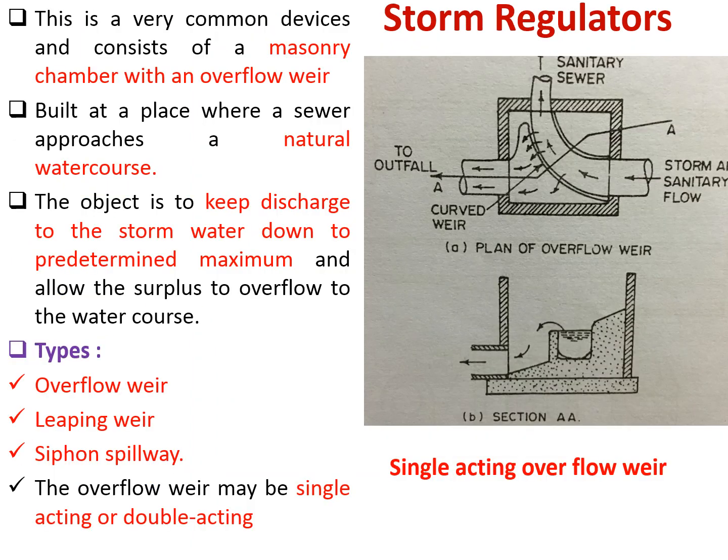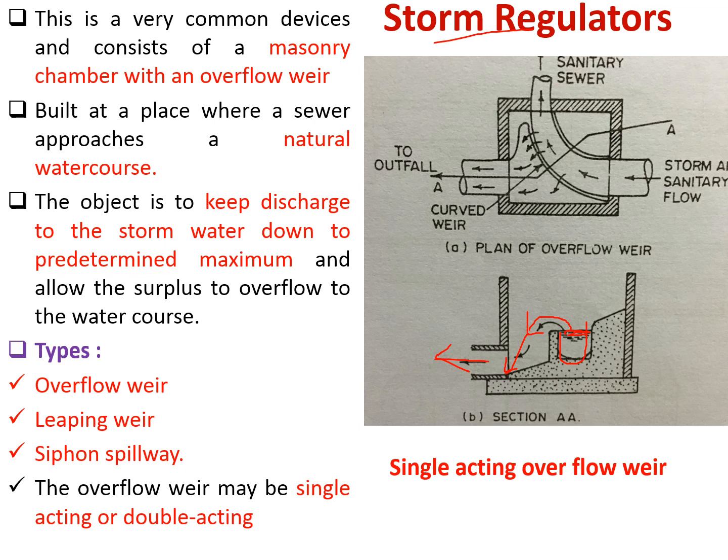If it exceeds its capacity, then we have to provide a stormwater drain to regulate its flow. Here you can see that this particular section has this much capacity. So automatically if some storm water exceeds it, it will overflow and meet a nearby water course.